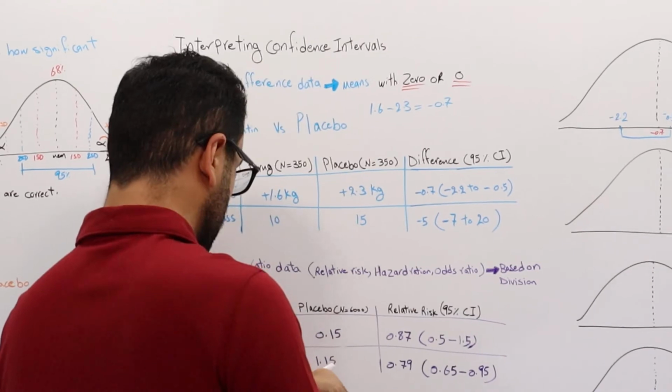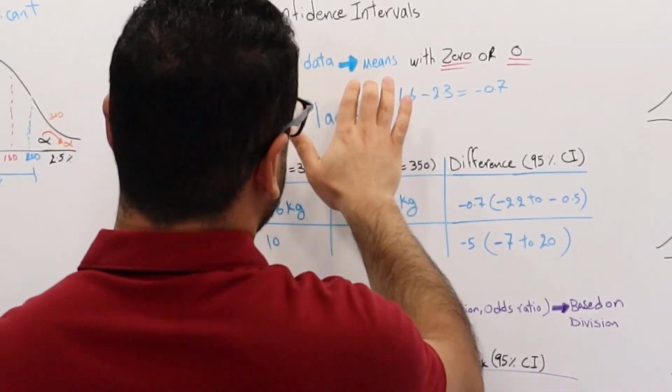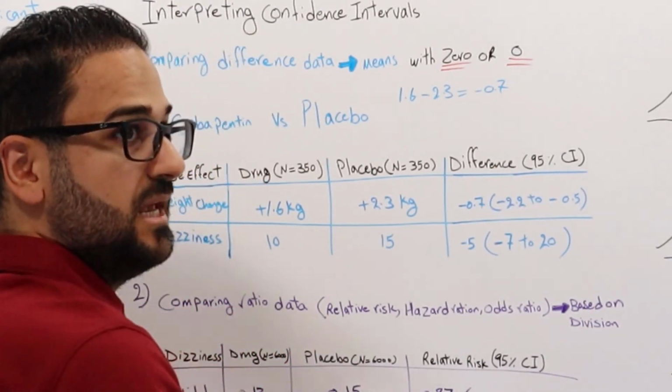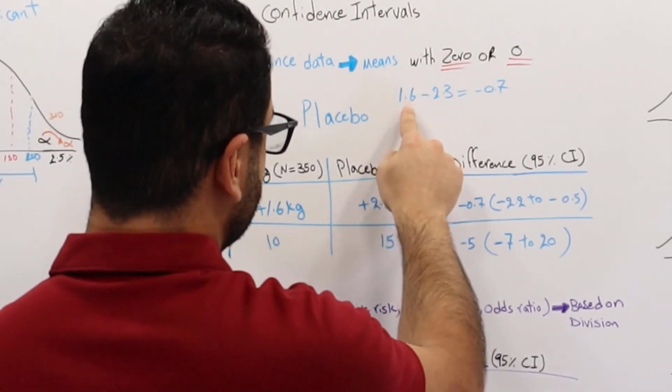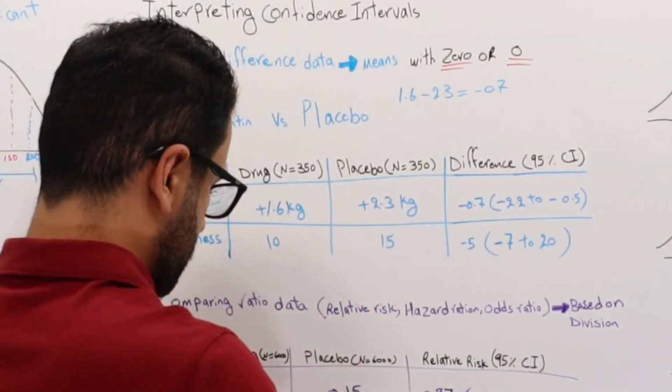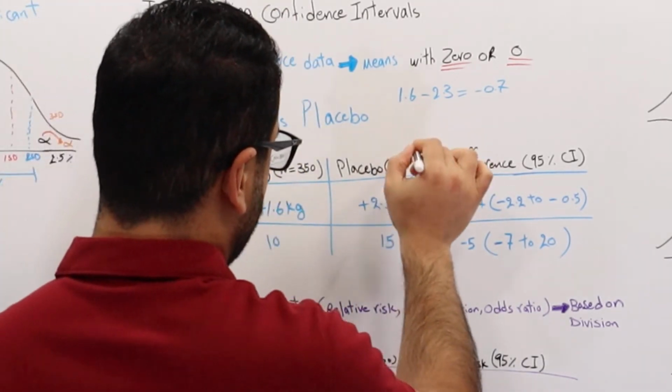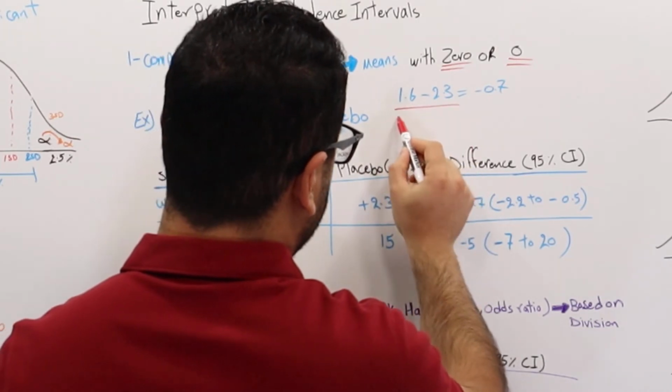Well, here is the reason why. It's because when we're including the means, we're comparing the difference. And when I say the difference, we're subtracting, right? So we are subtracting the mean of the medication and the mean of the placebo.